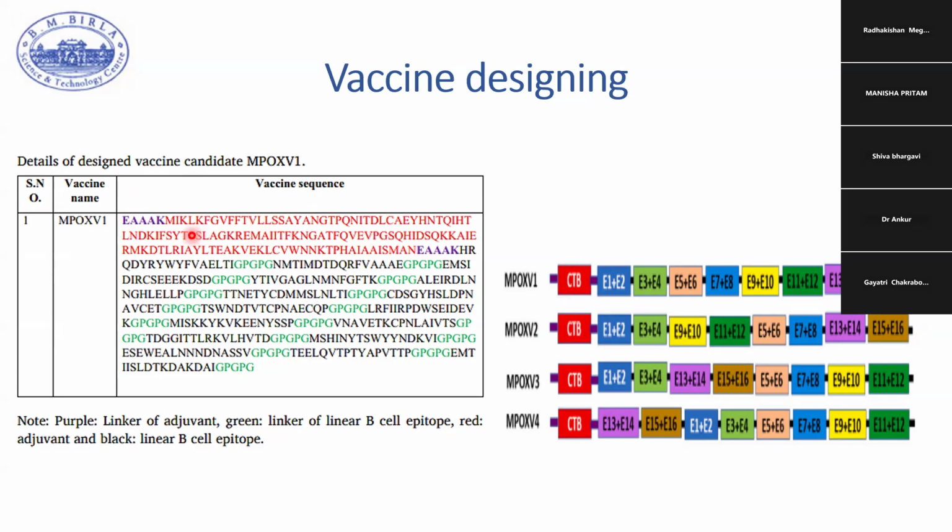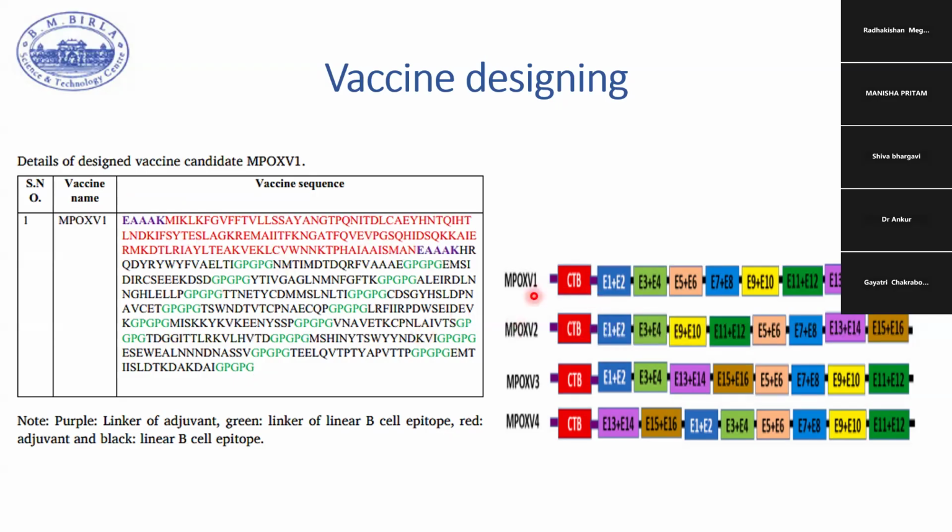I said the adjuvant could be a protein, a lipid, or something else. Sometimes we use alum as an adjuvant, but here we are using a protein, so adjuvants are in red. Then again a linker. These black parts are epitopes, and the green regions are linkers.